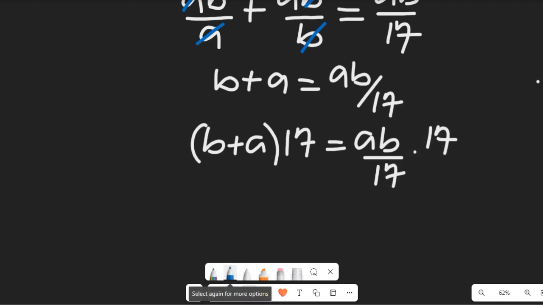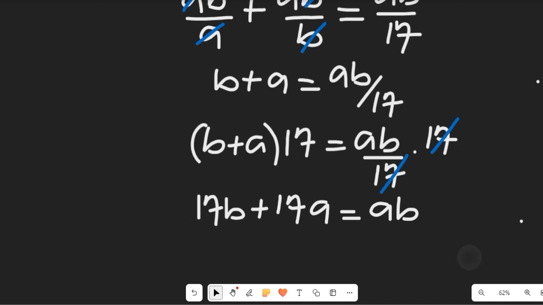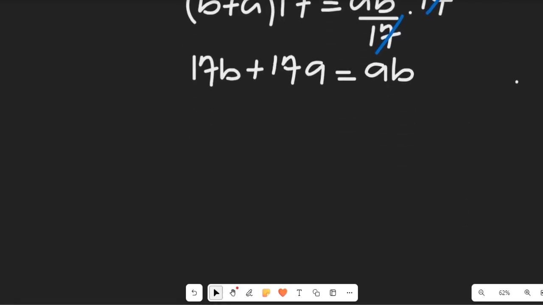From here, you find out that 17 will cancel out 17, and then we'll be left with 17b plus 17a, and that will be equal to ab. Great.